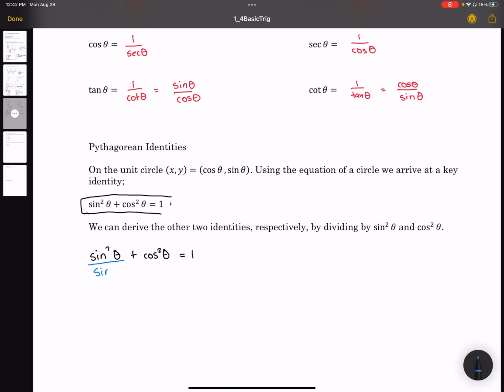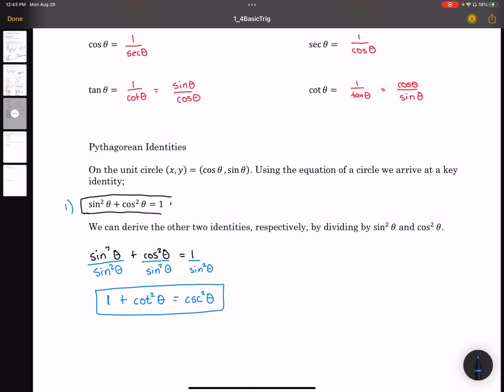So we divide the first term, the second term, and the third term by sine squared theta. Sine squared divided by sine squared is 1. So we get 1 plus cosine squared divided by sine squared, which is cotangent squared theta. And then 1 divided by sine squared theta is going to be cosecant squared theta. This is our second fundamental identity.